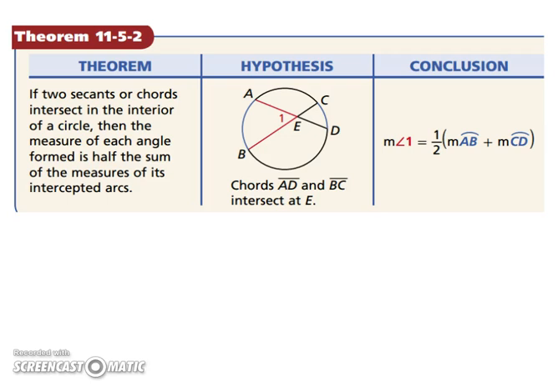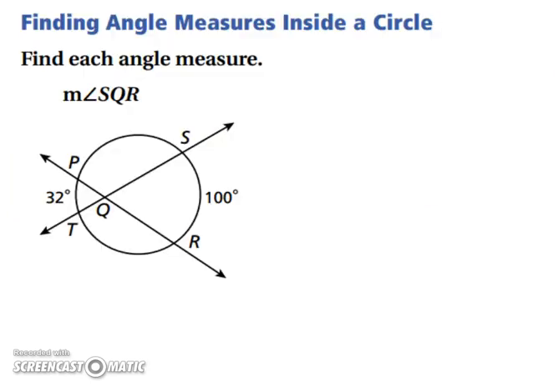Let's look at a couple of examples. The measure of angle SQR. So we're looking for this angle right here. It's important to make sure you know which angle you're looking for, because every once in a while it might ask you for angle PQS, for example.